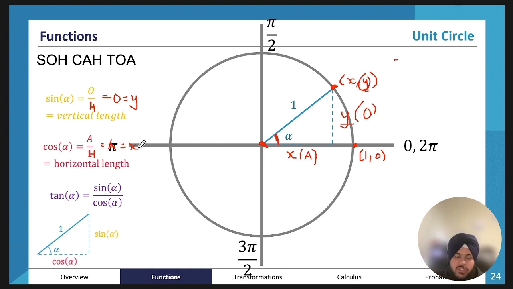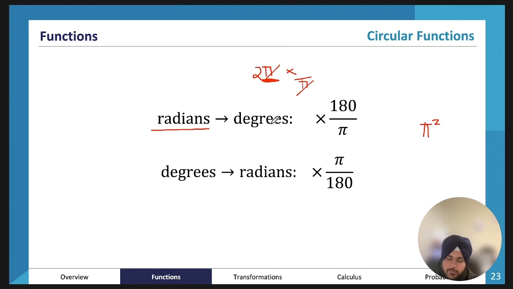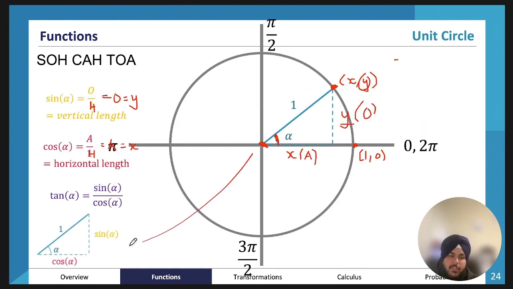And tan is just going to be sine, or the y value, over the x value at that particular point. So again, I hope that really made sense, but essentially the unit circle can be simplified by this diagram over here. So basically, if we know the angle, we can determine what these coordinates are on the number plane by using cos of alpha and sine of alpha.